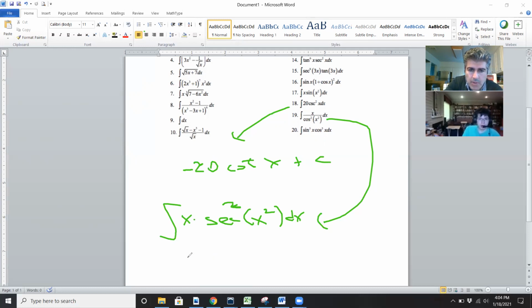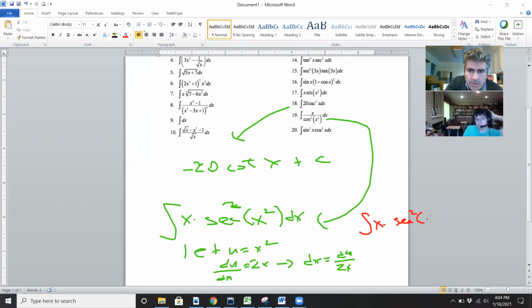Yeah, so before we get too carried away, let u equal x squared. du/dx will be 2x. So dx is du over 2x. So then you could say it's the integral of x times secant squared u times du over 2x.